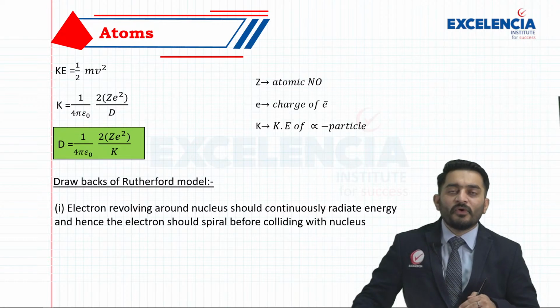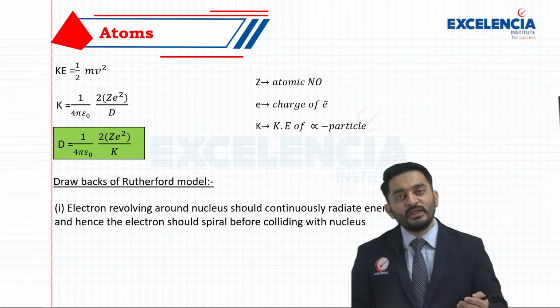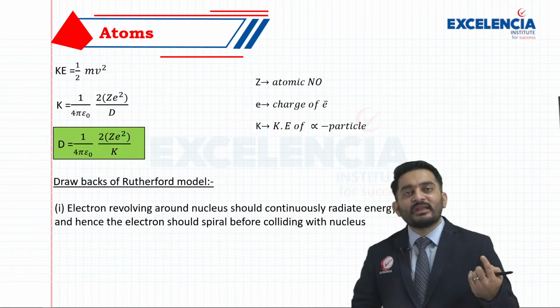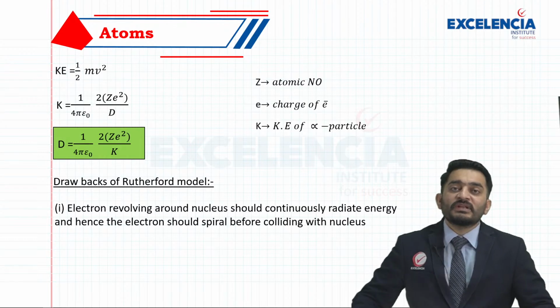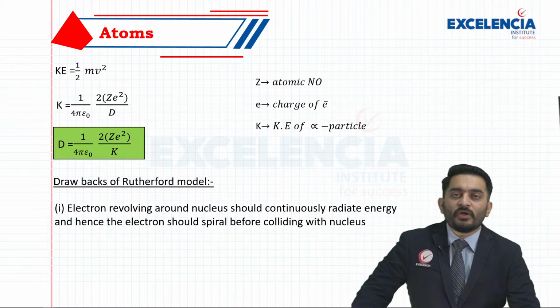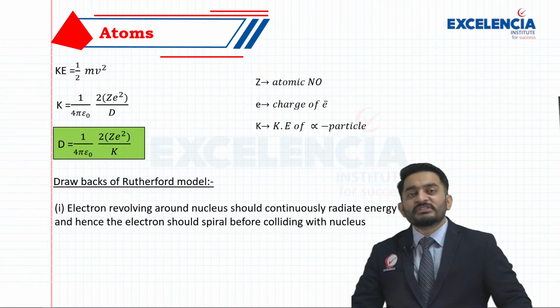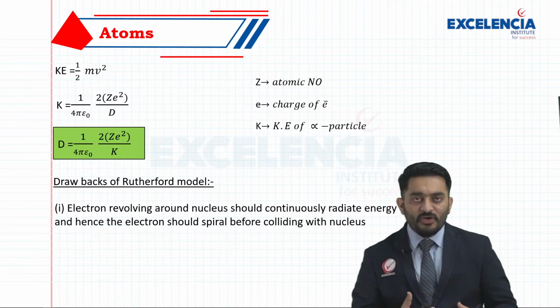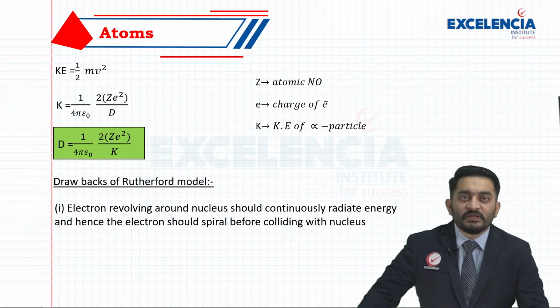But according to Rutherford, if the energy is continuously radiated by the electron, it is going to spiral inward and then fall into the nucleus because of the electrostatic force between the nucleus and electron. Why am I saying electrostatic force? Because the nucleus is positive in nature and the electron is negative in nature, so the two are attracted towards each other.